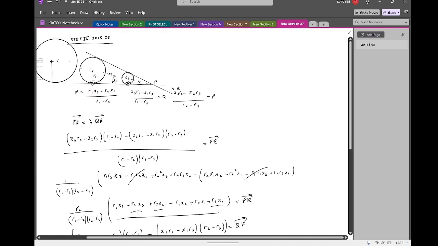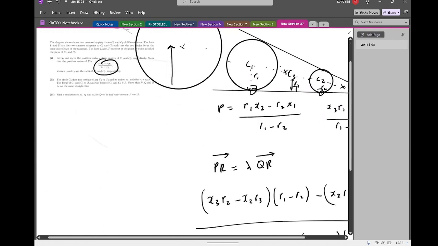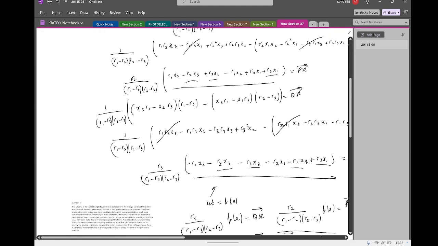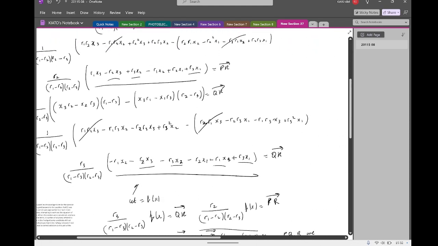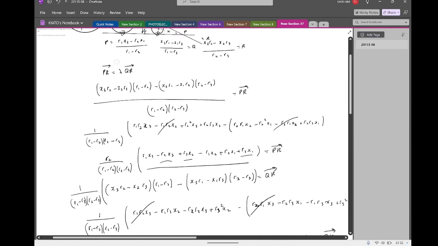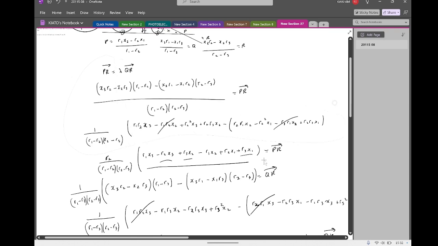Part three is quite simple actually, because we just need to find a condition for r1, r2, and r3 such that Q is the halfway point between P and R. So I'm going to cancel out all of this working here, just again to save space.